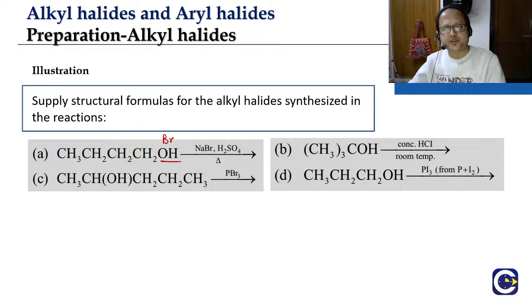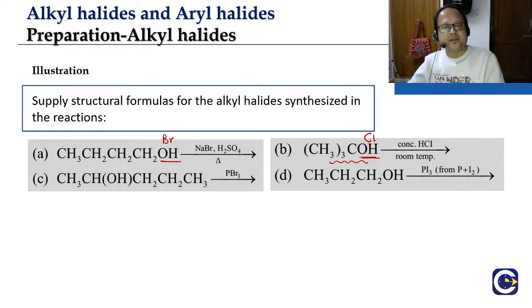Simply a substitution reaction. In the second one, there is a tertiary alcohol. So concentrated HCl is there. Just at room temperature, your OH will be replaced by Cl, right? It should be replaced by Cl over here.